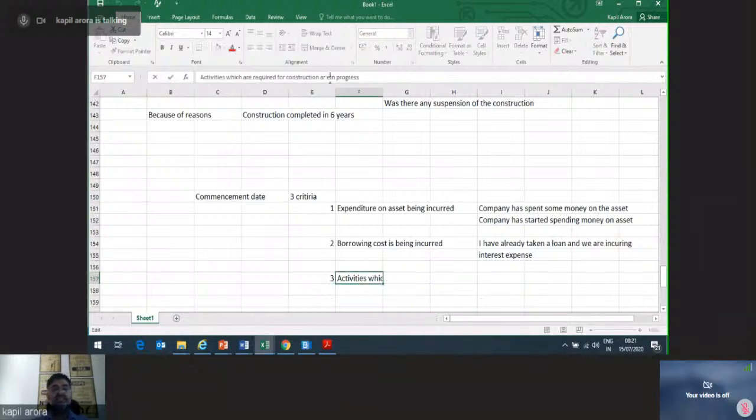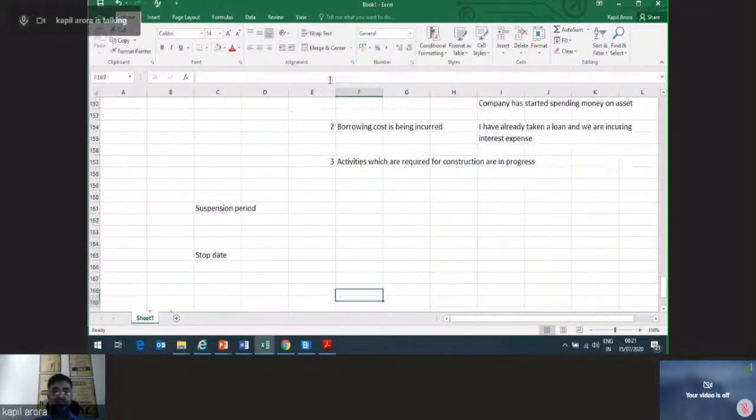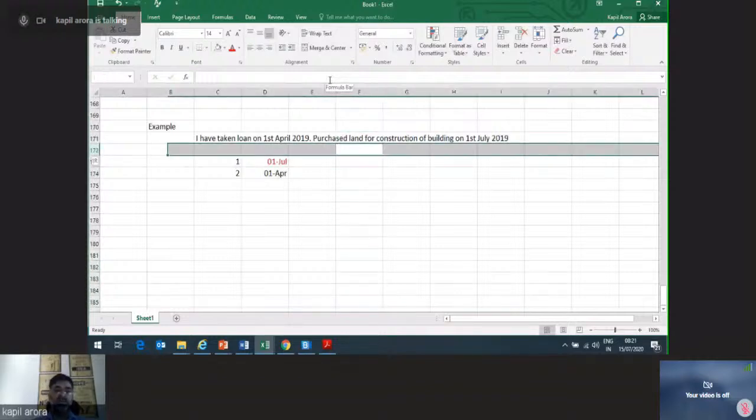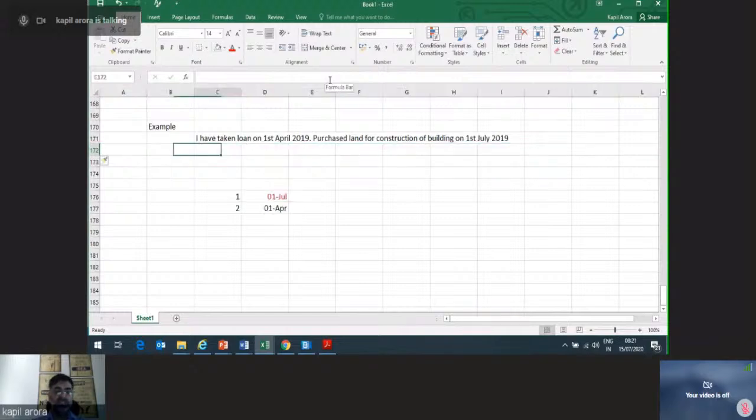Right? It means I have taken loan on 1st April, purchased land for construction of building on 1st July, but construction started on 1st April 2020.